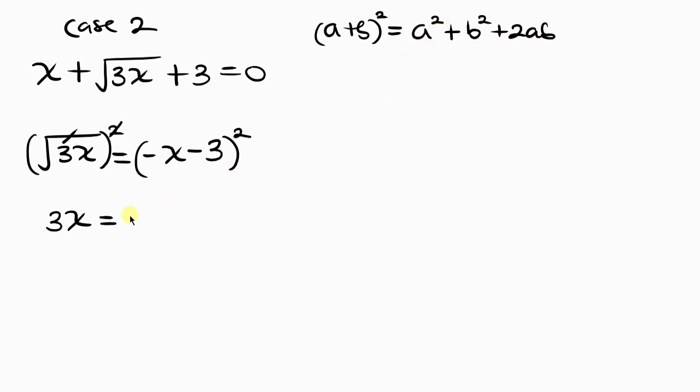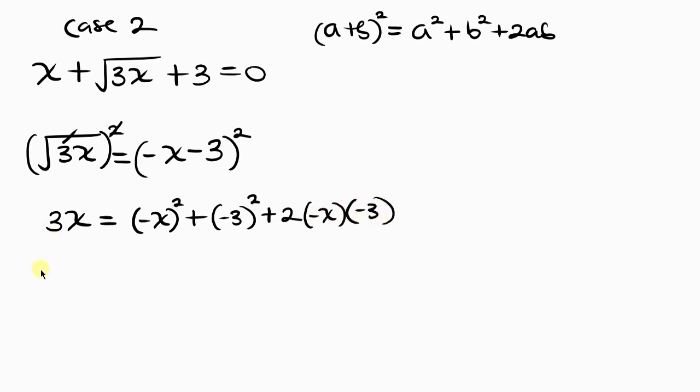So a squared, that's negative x squared, plus b squared, b that's negative 3 squared, plus 2ab. A is negative x and b is negative 3. That's it. So we have 3x to be equal to, now negative x squared gives positive x squared, plus negative 3 squared gives 9.